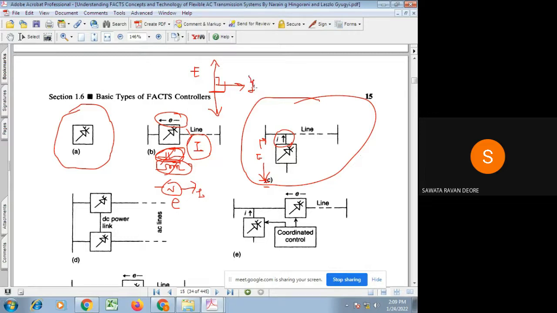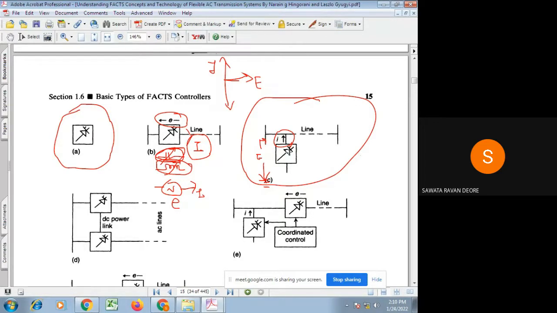Only here, you can talk about this E as a reference, that is the line voltage of your transmission line, and with reference to that, how you are injecting current, either 90 degrees leading with that E or lagging with that E, will decide whether it is acting like a source of reactive power or sink of reactive power, or behaves like a capacitor connected in shunt with the line, or a reactor connected in shunt with the line, and so on.